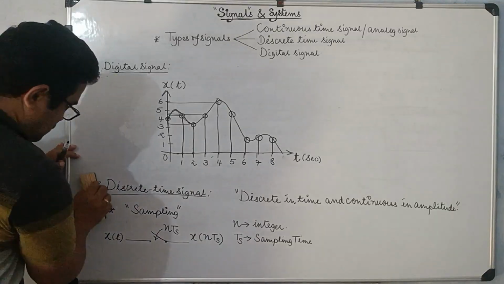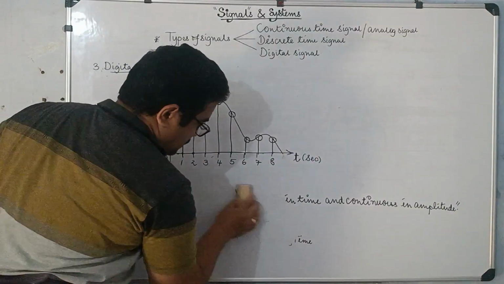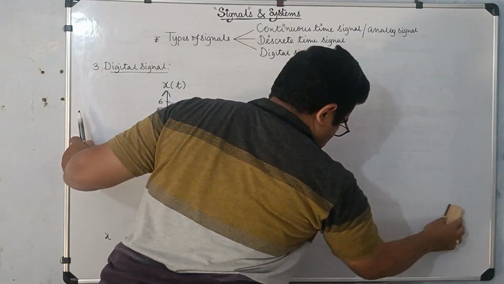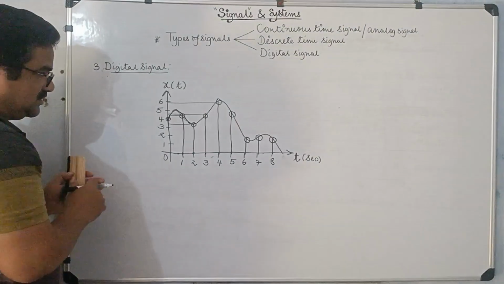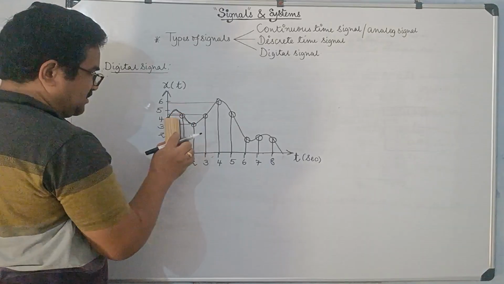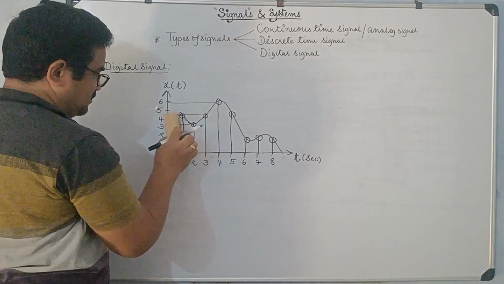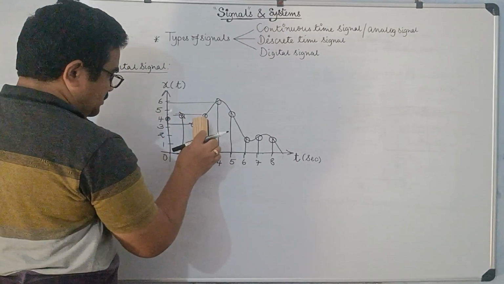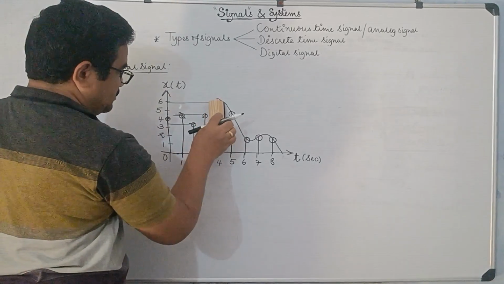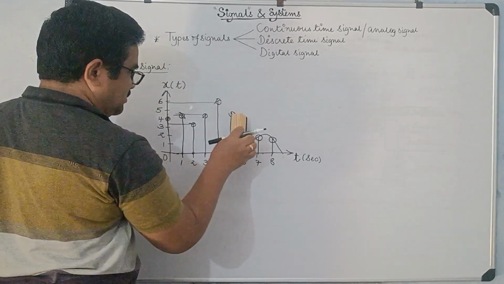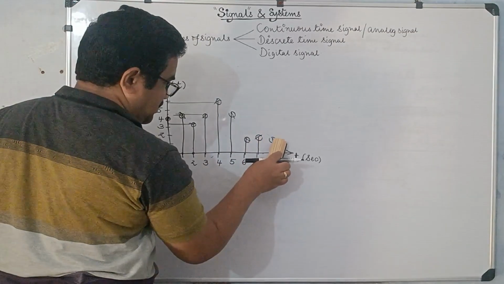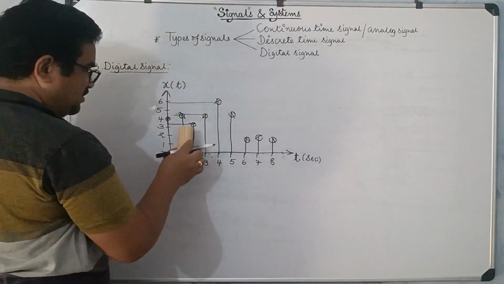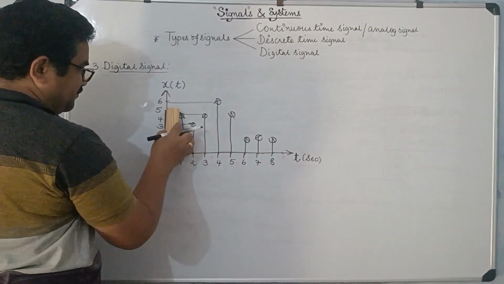So once I am obtaining the discrete time signal, I don't have signal in between here, only these samples are taken. We are not considering signal anywhere between these instants of time.